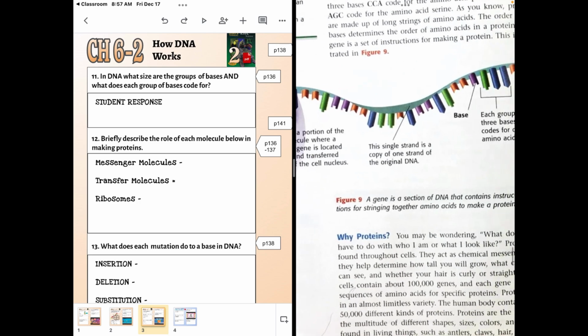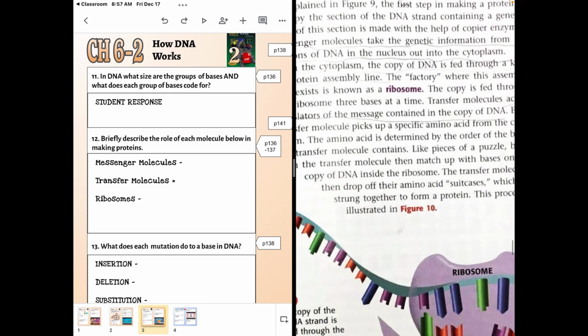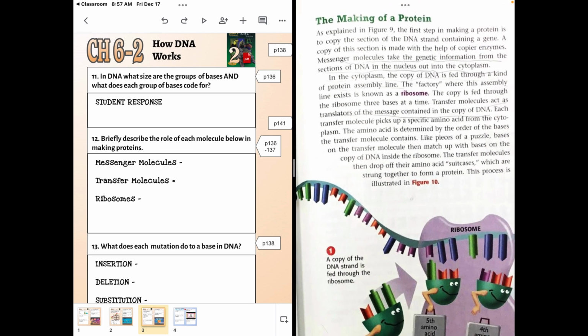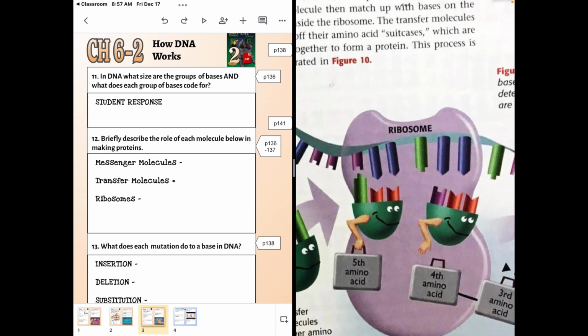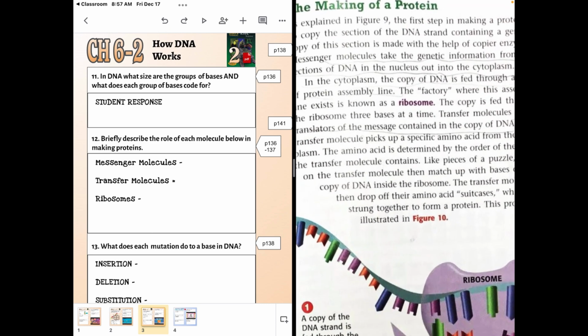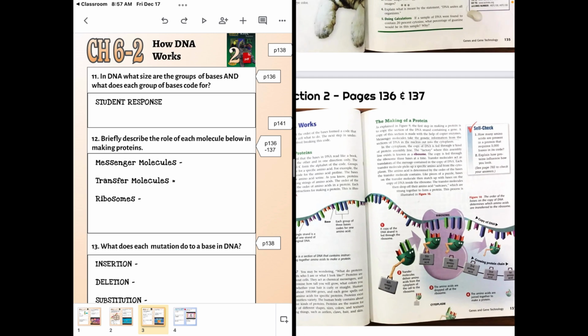We have messenger RNA, this long thing, and you can read about it in this paragraph, the messenger molecule. Then we have the ribosome here in the picture and transfer molecules. So they're in the pictures, but they're also in the paragraph. So transfer molecule and messenger molecule are in here, but they're not in bold like ribosome.